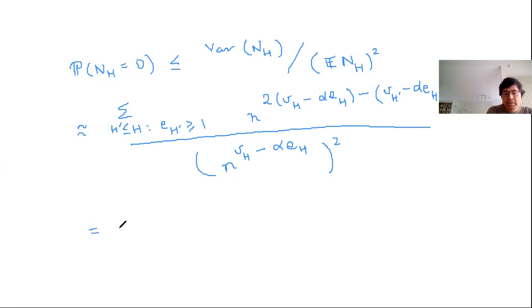And what we are left with is the sum over all subgraphs H prime of H containing at least one edge, of n^(-VH' - alpha EH').